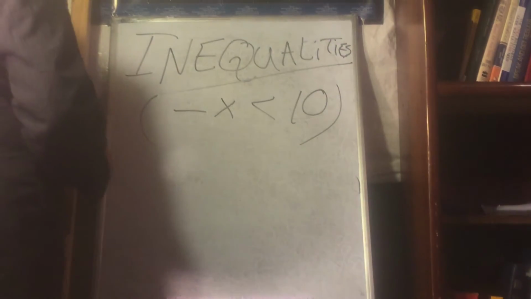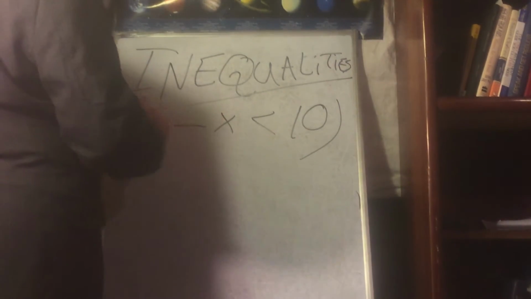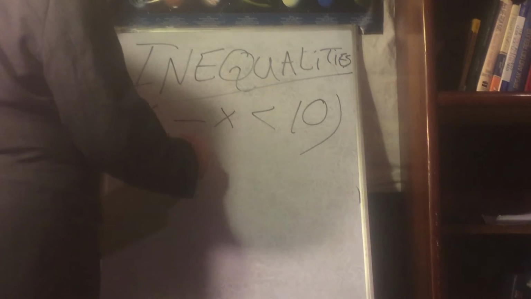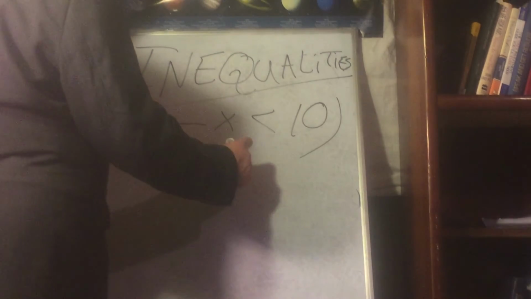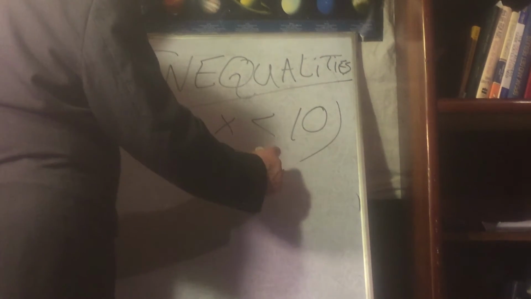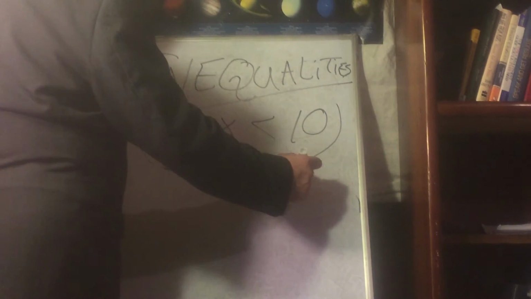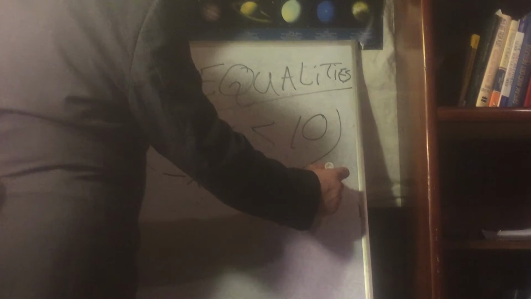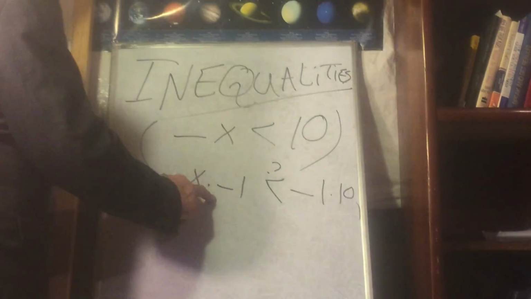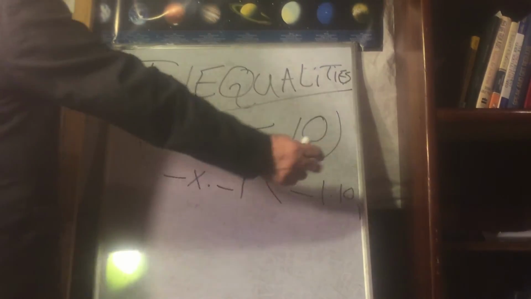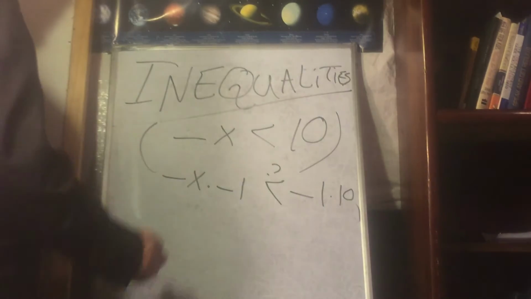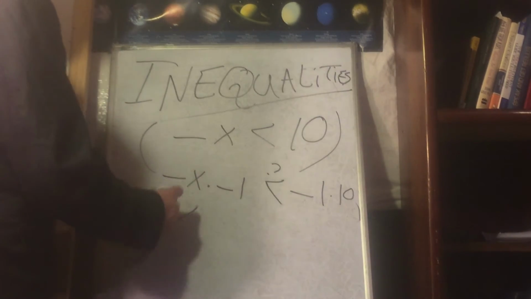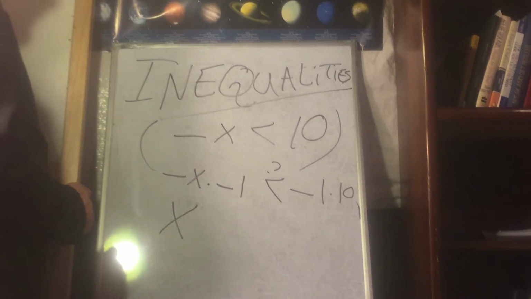You multiply this whole thing by negative 1. So negative x times negative 1 less than, for now, negative 10, negative 1 times 10. Multiply this one by negative 1, multiply this one by negative 1. So negative times negative is positive x.